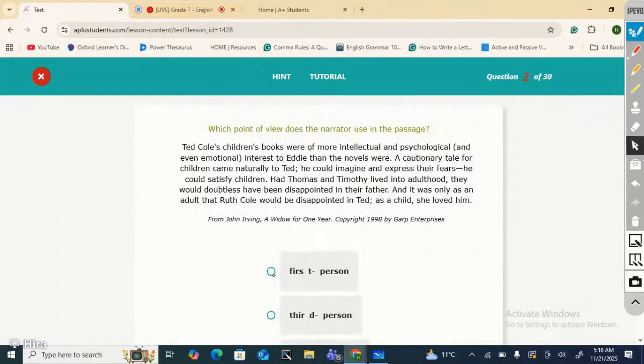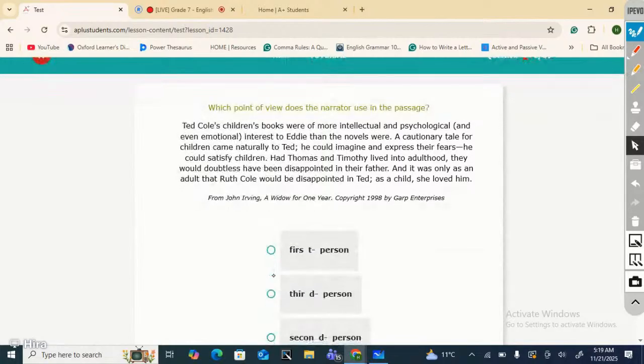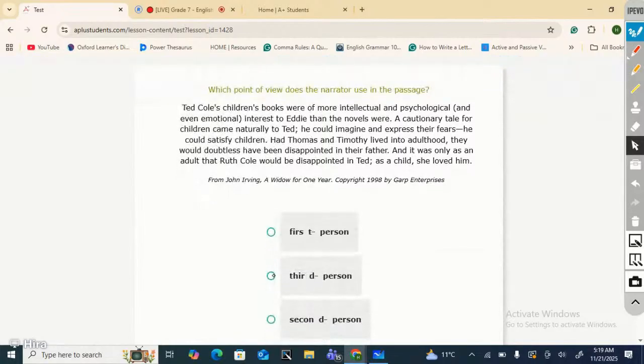Let's read this passage and identify which point of view the narrator uses in this passage. Ted Cole's children's books were of more intellectual and psychological interest to Eddie than the novels were. A cautionary tale for children came naturally to Ted.